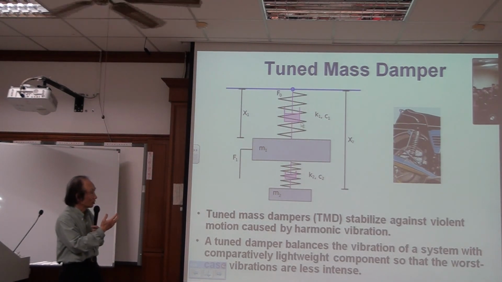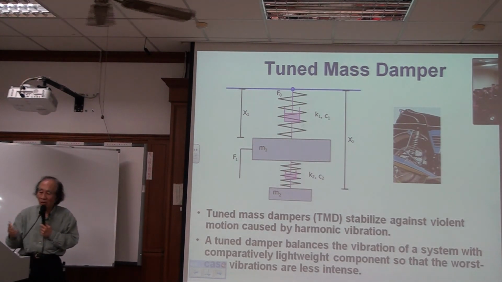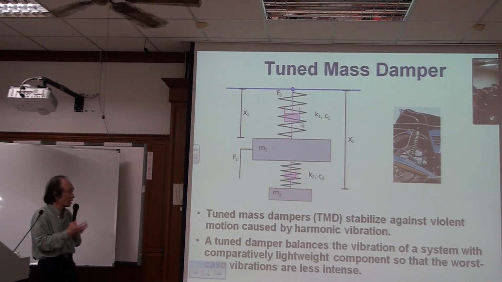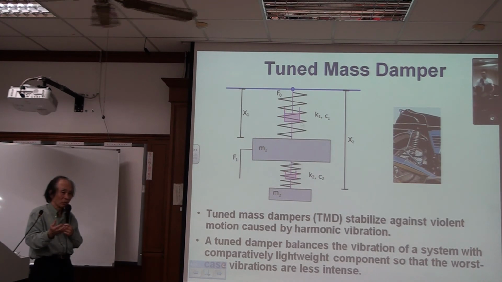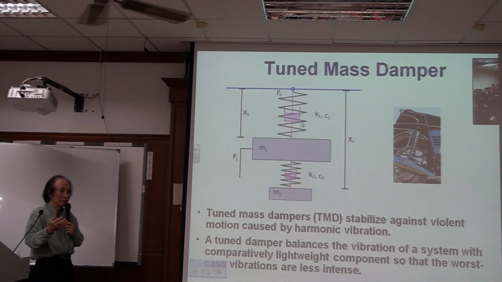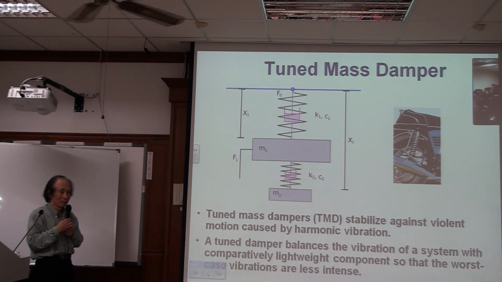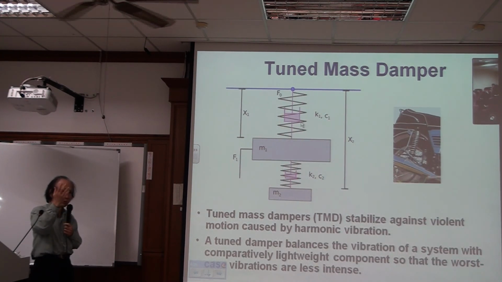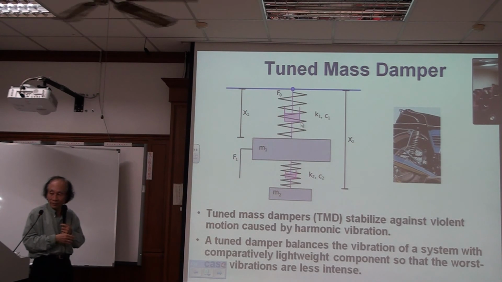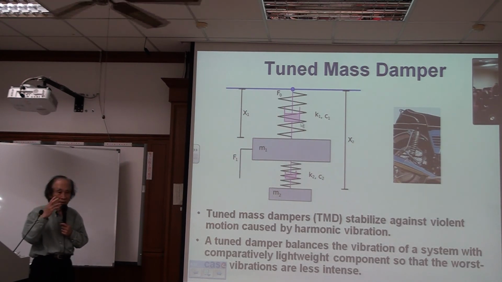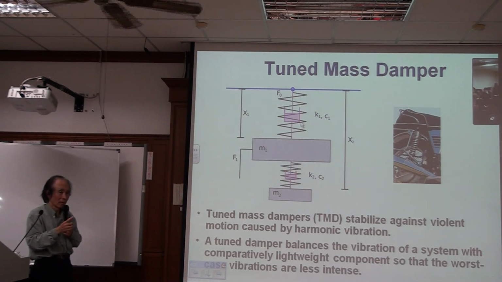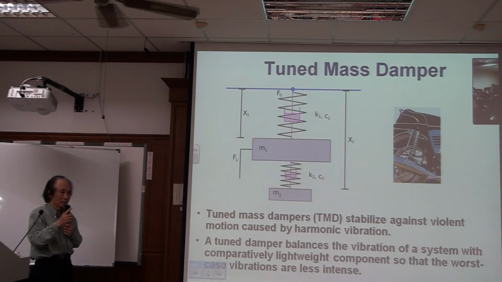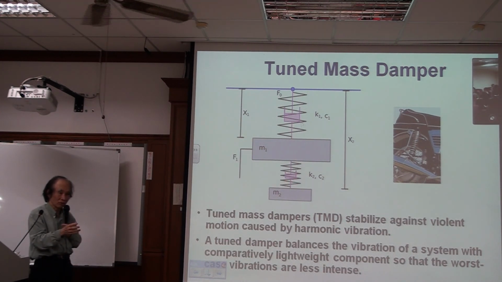So this is the most basic control design commonly used in any system: cars, motorcycles, buildings, and so on. So there's a chapter in this class where we'll talk about the damper, how you design a damper so that the damper can take out the energy.